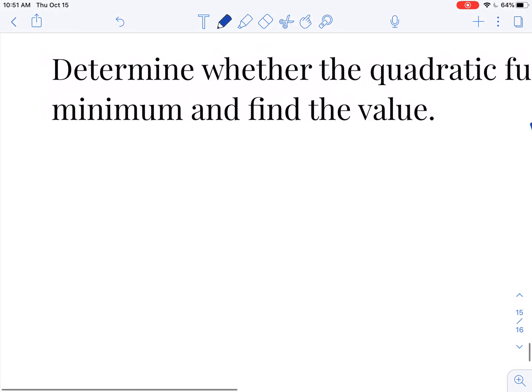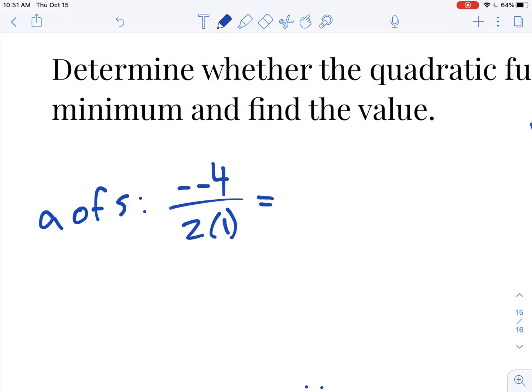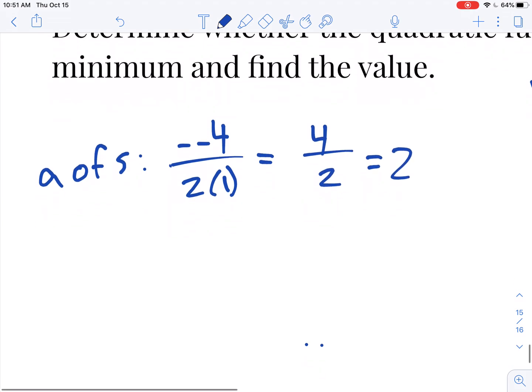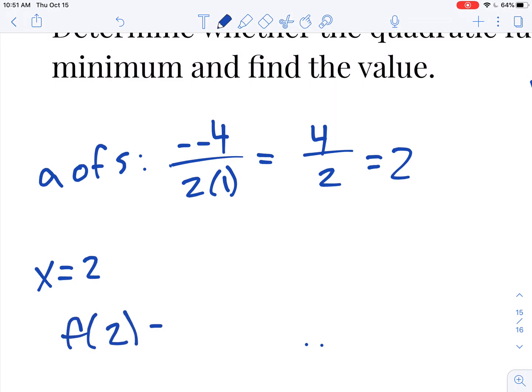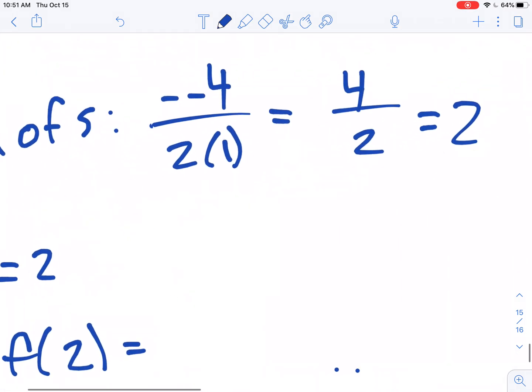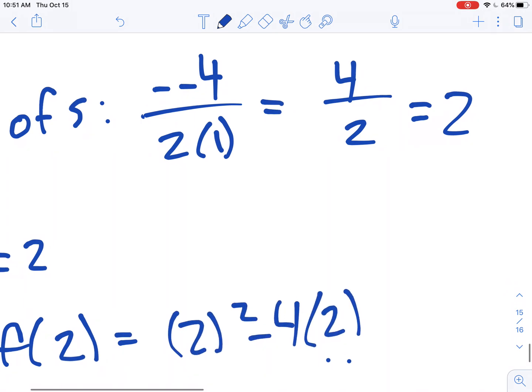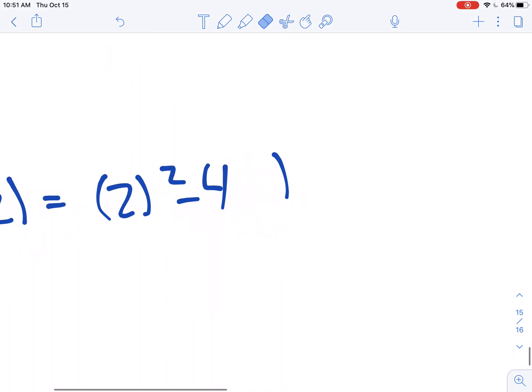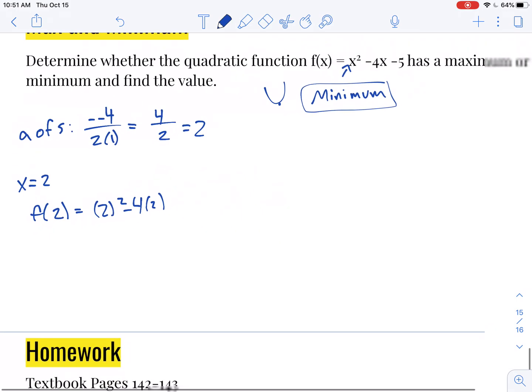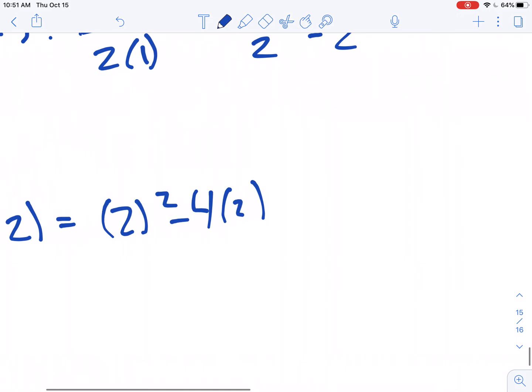Find the value. This means I actually have to go through my axis of symmetry here. Is -b over 2a. So that's 4 over 2. My axis of symmetry is 2. So I've got x is equal to 2. I need f of 2, which is going to be equal to 2 squared minus 4 times 2 minus 5.